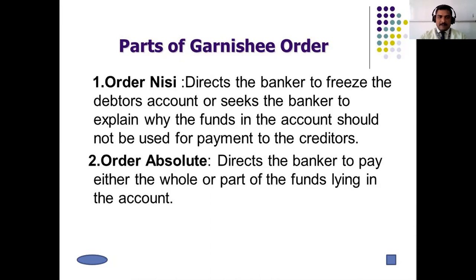In the first part there is no payment. The court just issues the order to the banker to freeze the account and tell us the reason why you can't give the money to the third party who has to be paid by the bank customer.